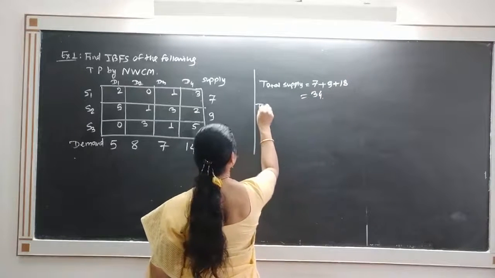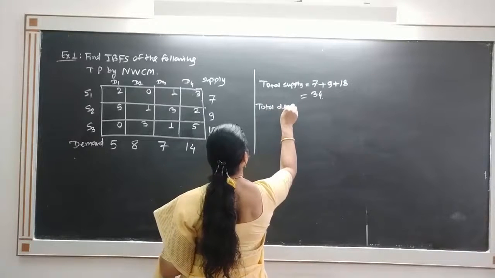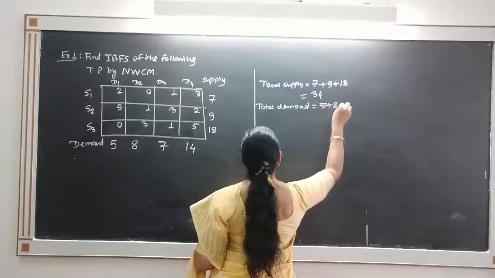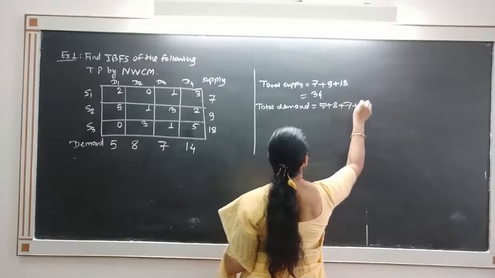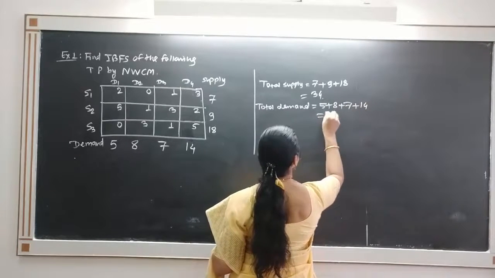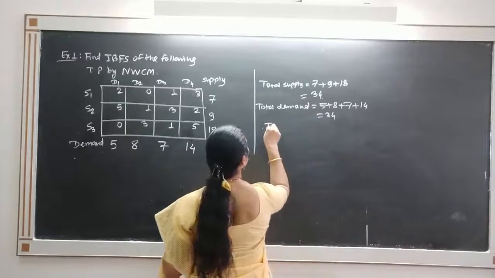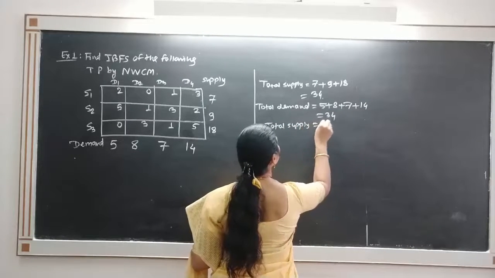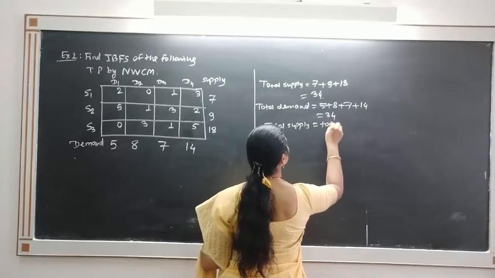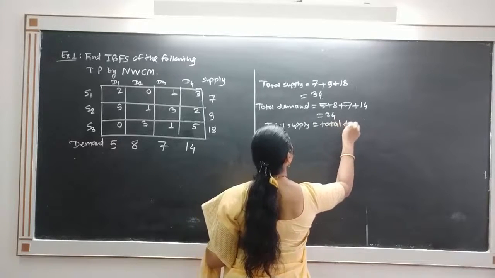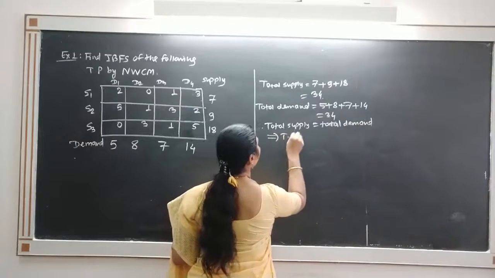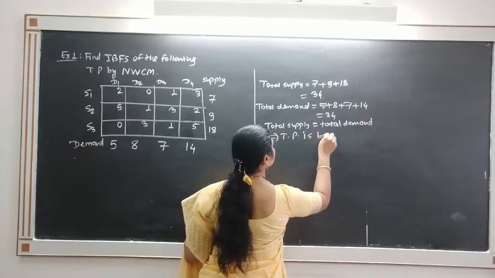And total demand is 5 plus 8 plus 7 plus 14, that is again 34. Therefore, total supply is equal to total demand, which implies that the transportation problem is balanced.